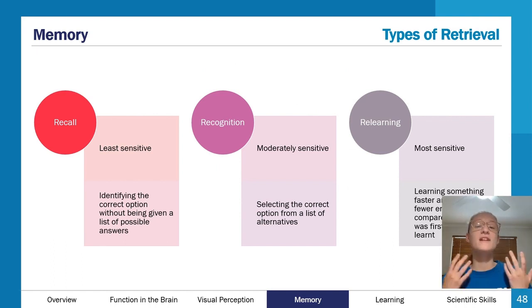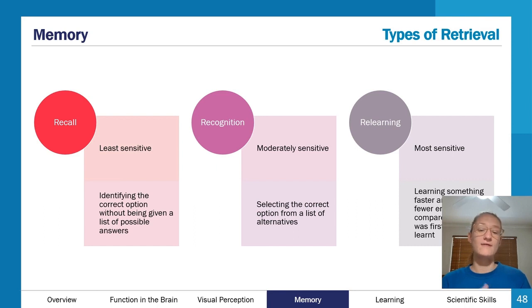There are also different types of retrieval. The three main types are recall, recognition, and relearning. Recall is when we're retrieving information, but you need to identify the correct option without being given a list of possible answers.